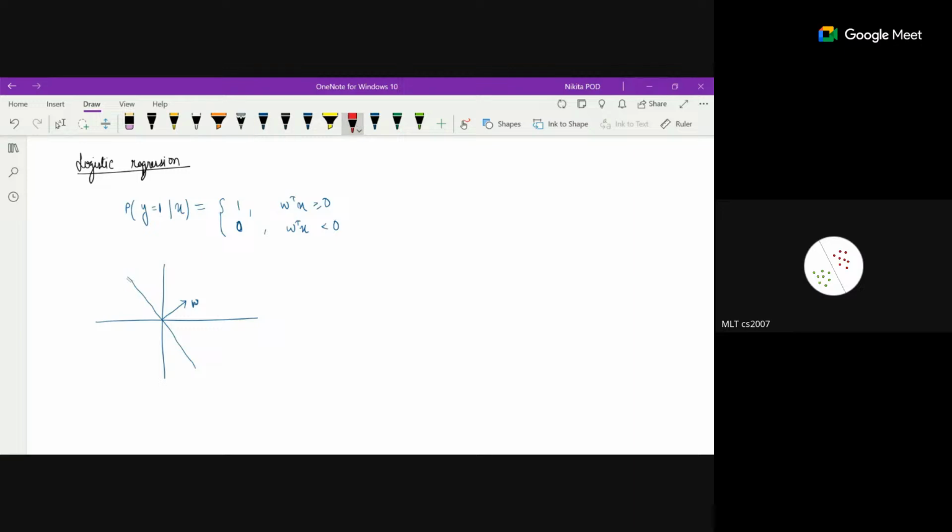So if we had all these negative points on one side and all the positive on one side, and maybe one positive on this side and one negative on this side, this won't help.